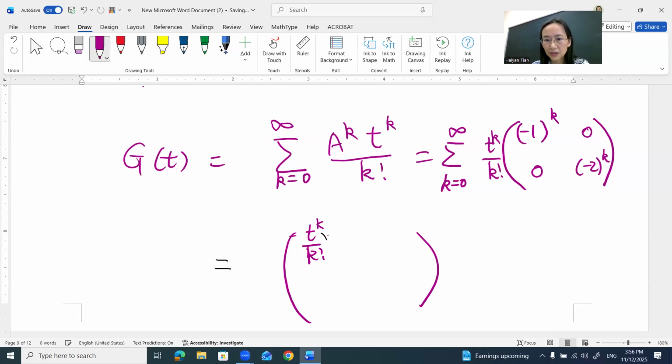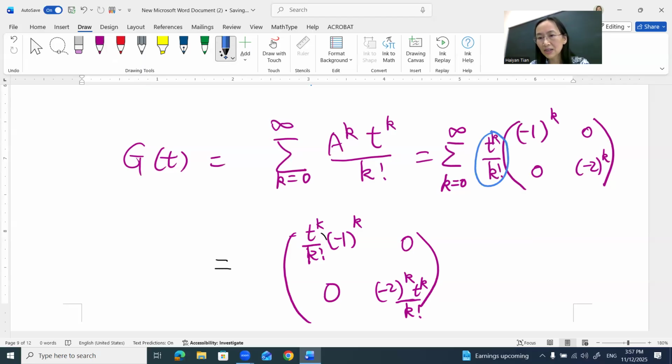The first is -1 to the K. And the other diagonal entry is -2 to the K, also with t to the K over K factorial. And that quantity times 0 is still 0. So what I'm doing is just multiplying each entry of this matrix by this quantity. So now we see this is an entries matrix.